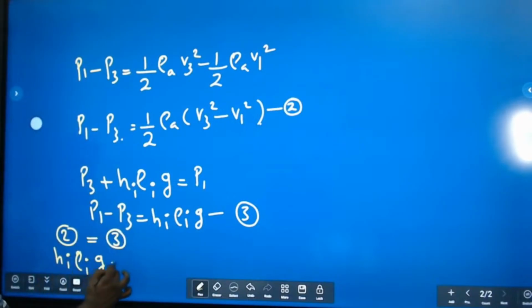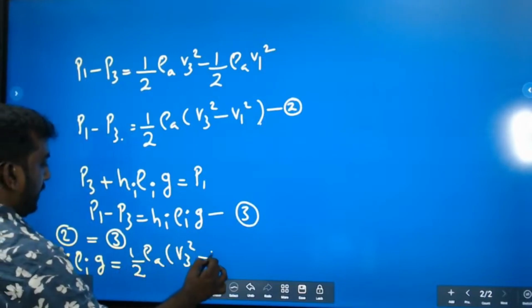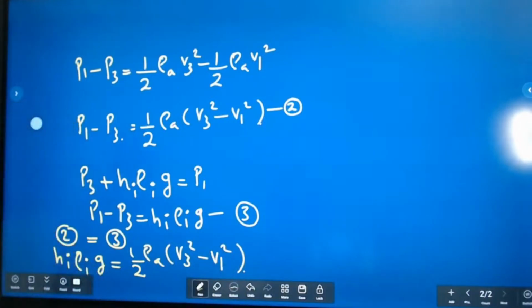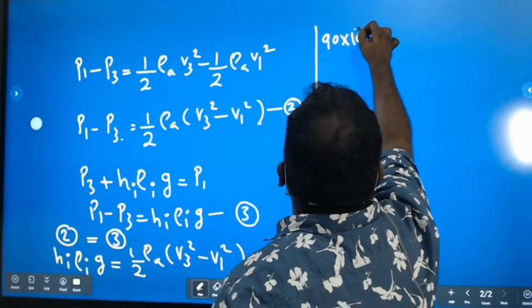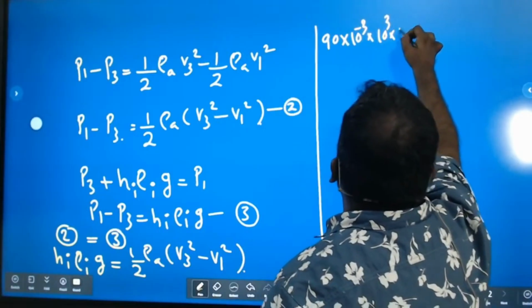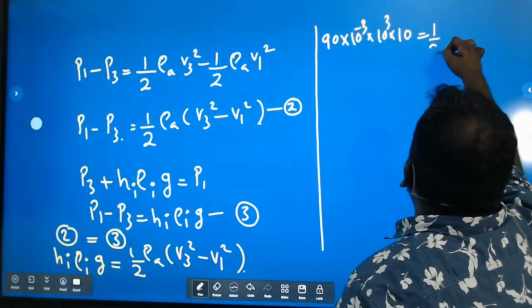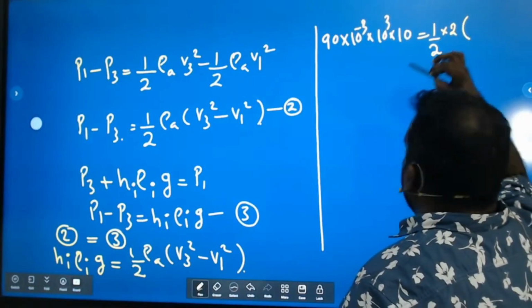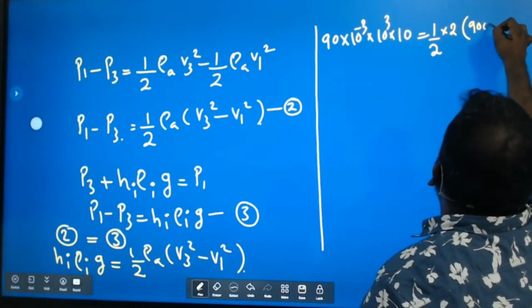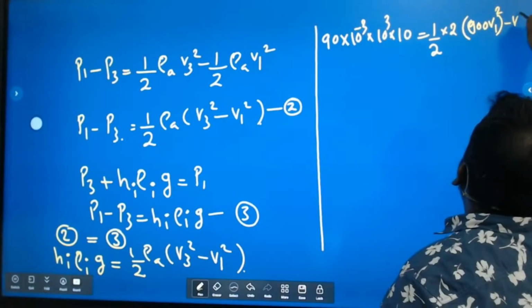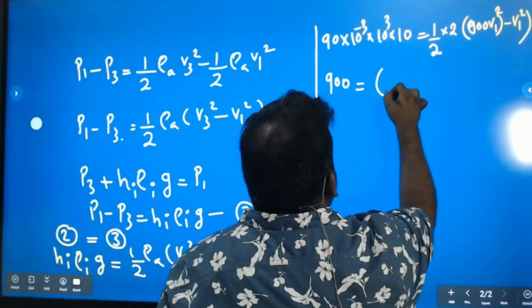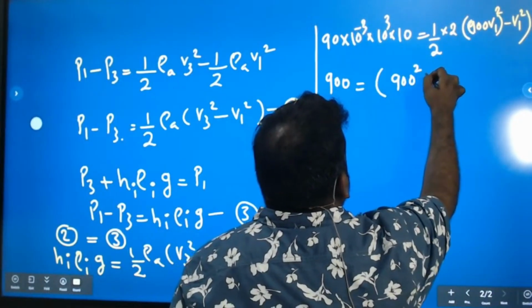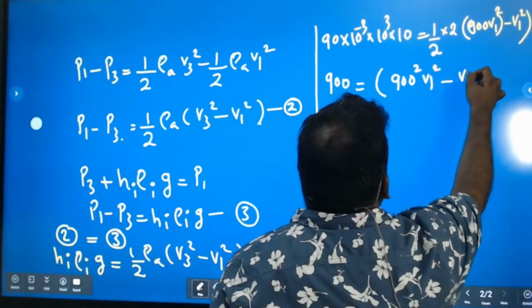H rho I G equals half rho A times (V3 squared minus V1 squared). Carefully simplify. 90 millimeters converted to meters, insecticide is 1000, G is 10, half the density of air is 2. V3 is 900 V1, so 900 squared V1 squared minus V1 squared.